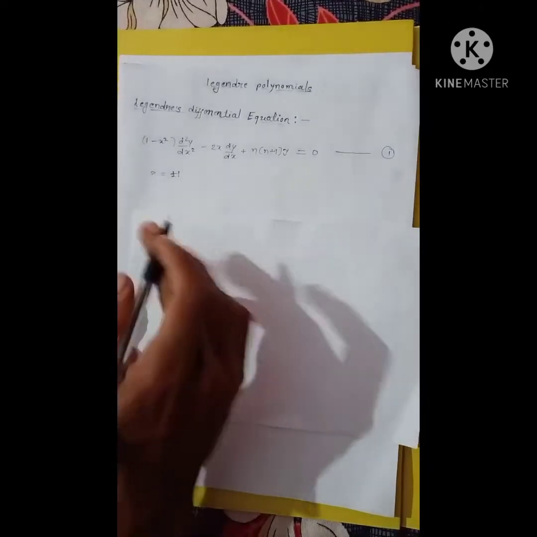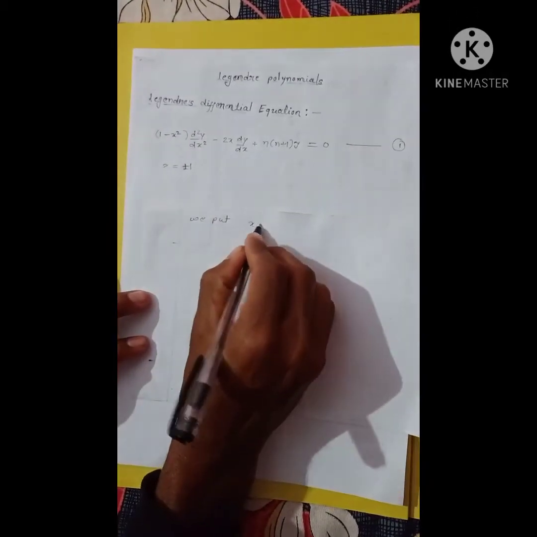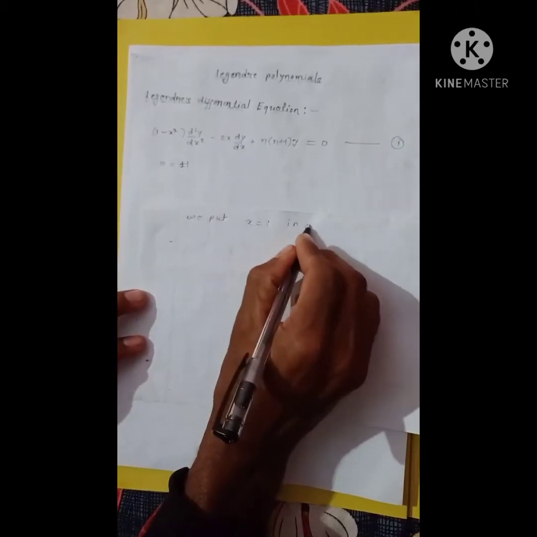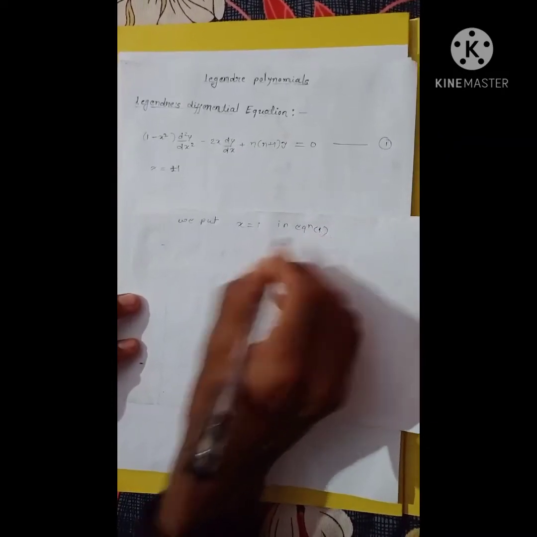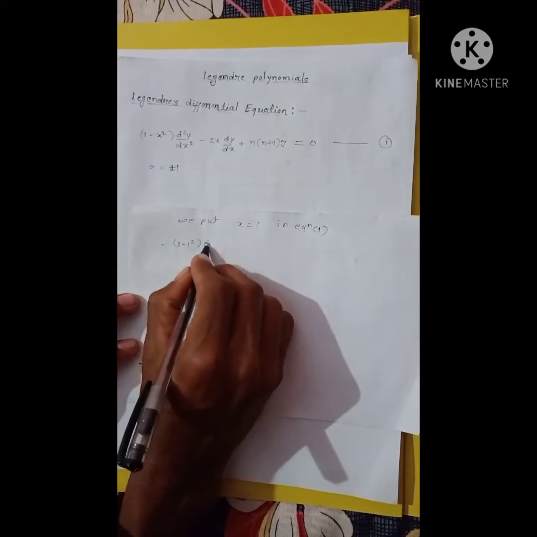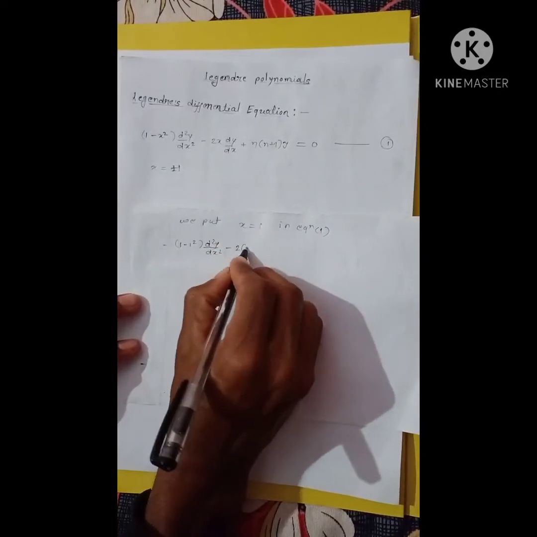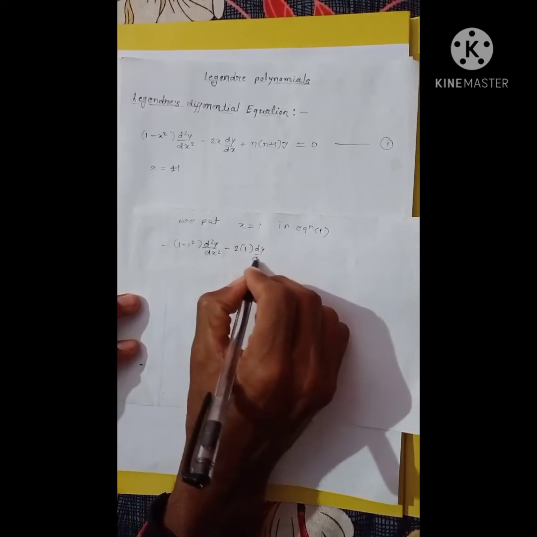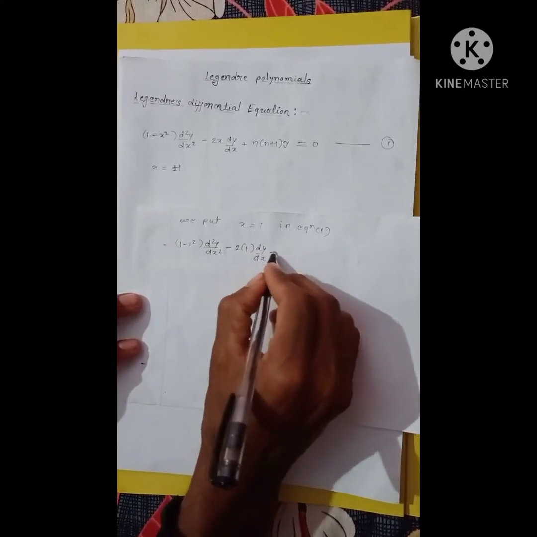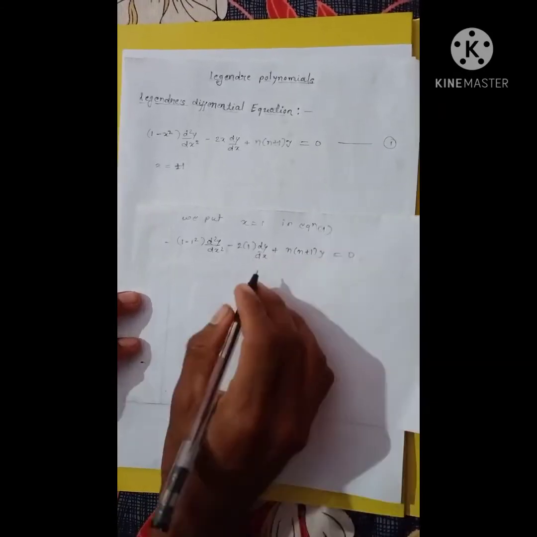For example, we put x is equal to 1 in equation number first. So we will get (1 minus 1 square) d square y by dx square minus 2 into 1 dy by dx plus n(n plus 1) y is equal to 0.